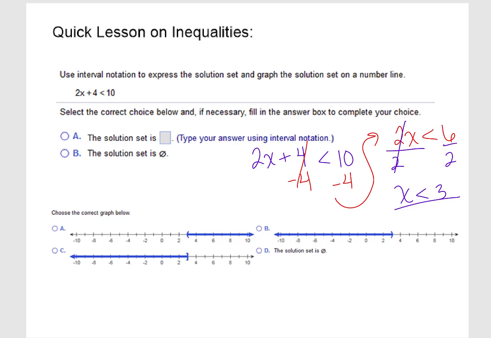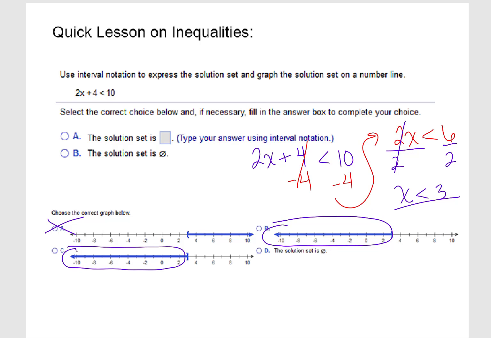So A would not be an option because it's showing all the values greater than 3. B is an option because it has the highlighted portion of the number line of numbers less than 3. And C looks like it could be an option too, because it's all the numbers less than 3.